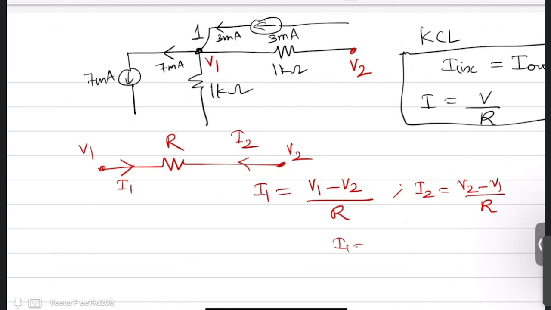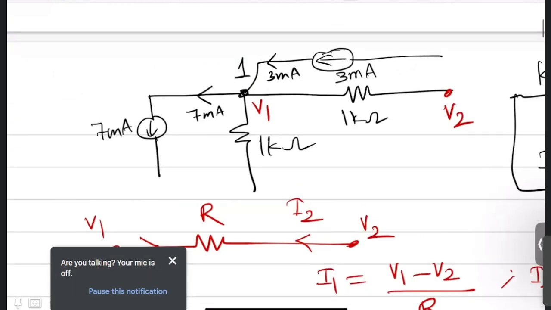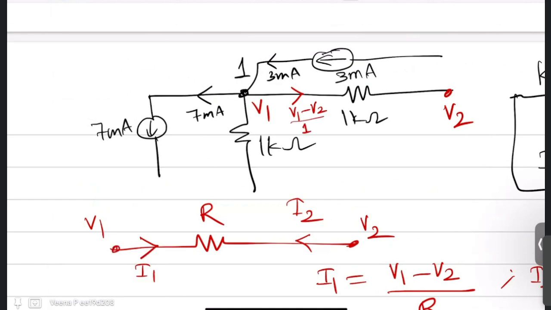So I1 is minus I2. The point I want to make is that it is our choice. So this current is given by V1 minus V2 by 1, which is 1 kilo ohm.